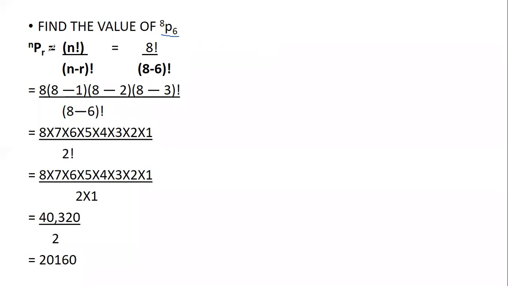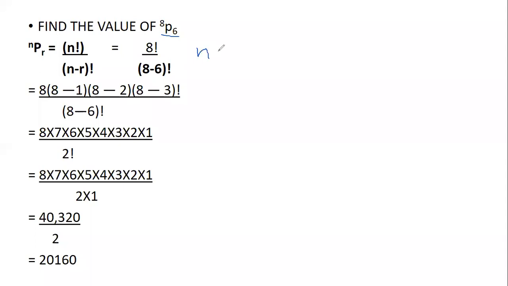So the formula for that goes like this: n factorial divided by (n minus r) factorial. This is your normal permutation formula. Okay, so what is n in this?